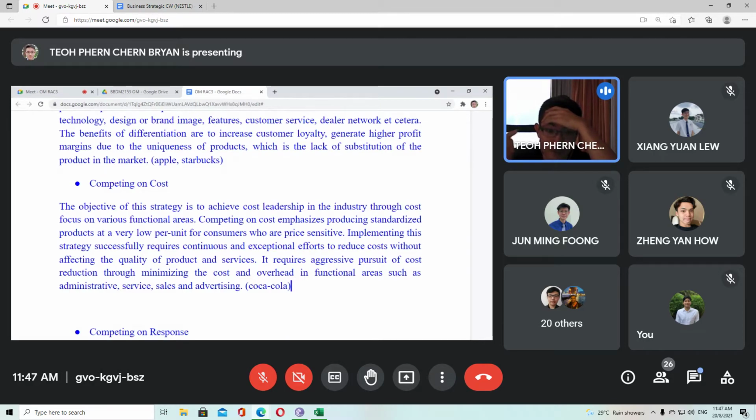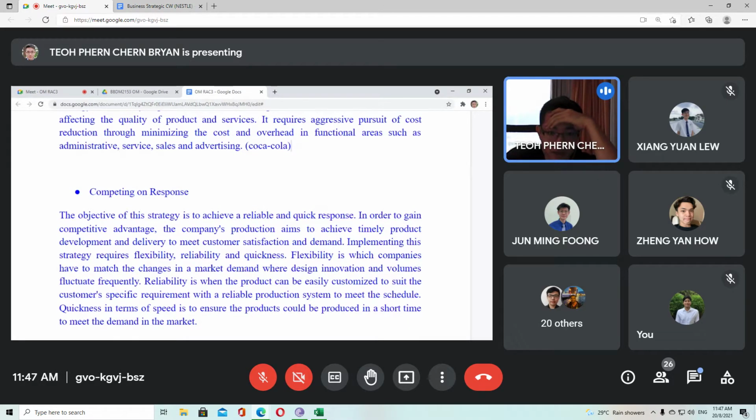That's why you can see some companies make a very successful product, then they go and buy the company. Because they are so strong, if they buy the company, they can manufacture the exact same thing cheaper. So Coca-Cola has a lot of brands. That's why. All right. Okay, last one, response.